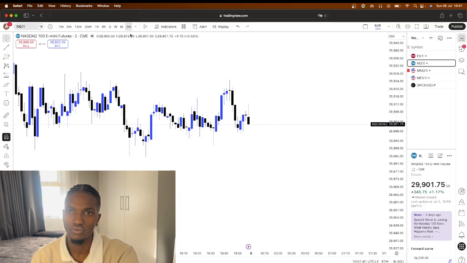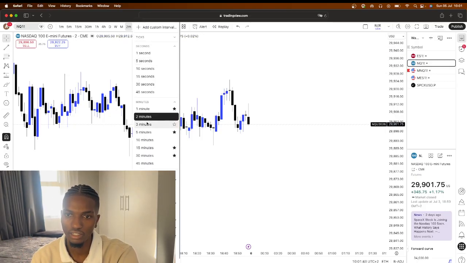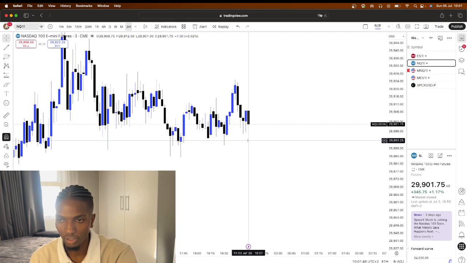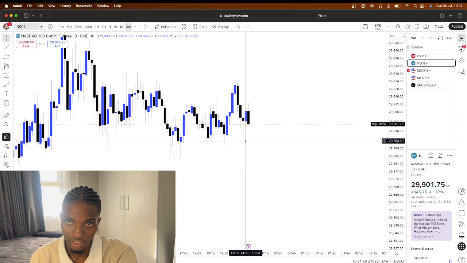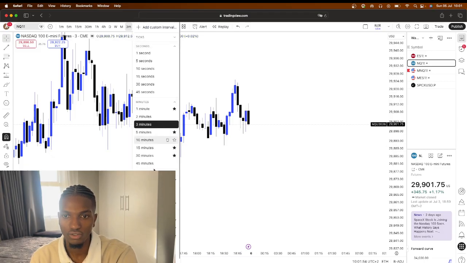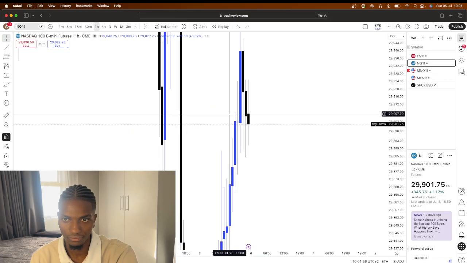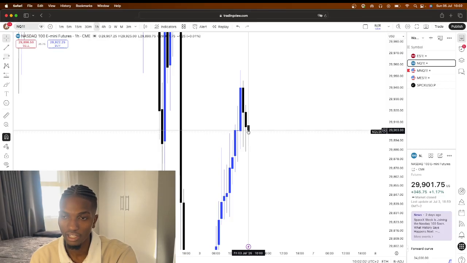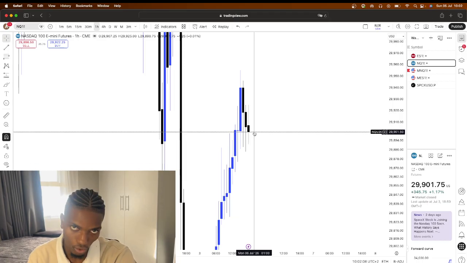If we click here, 3 minutes, same applies. One candlestick represents 3 minutes. And the same goes for hours. This one candlestick here represents 1 hour, meaning it took 1 hour for this candlestick to form, to open, move around, and close.